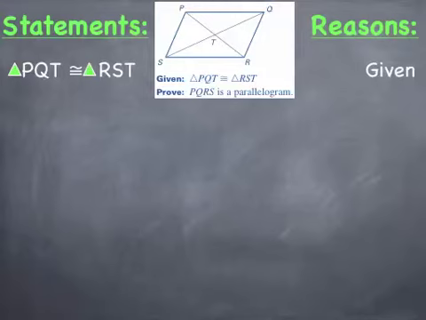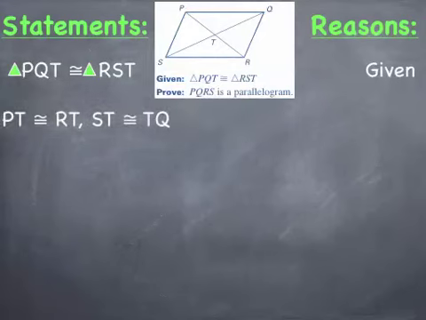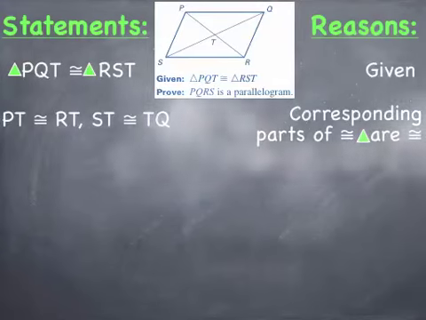So if PQT is congruent to RST, then we can say that PT is congruent to RT and that ST is congruent to TQ because of the fact that corresponding parts of congruent triangles are congruent.